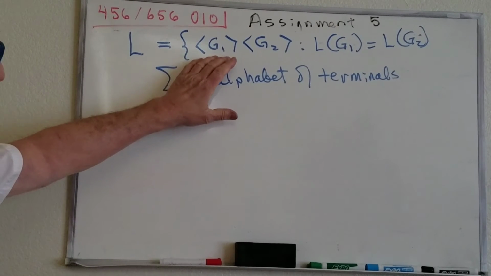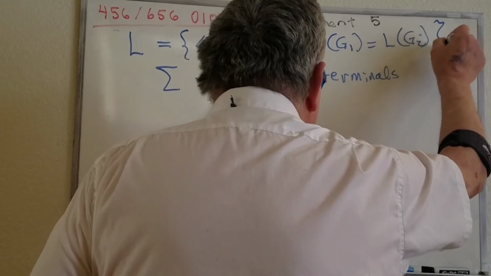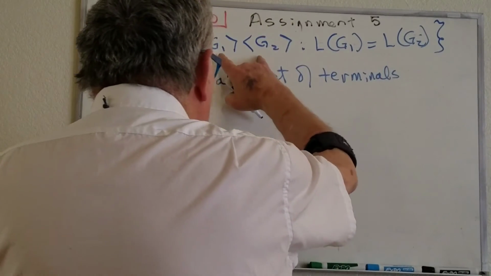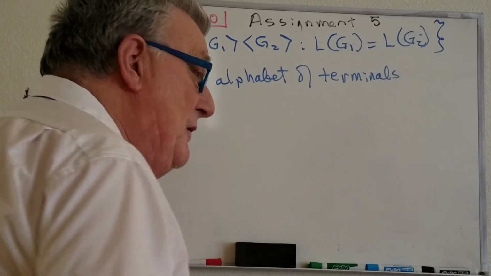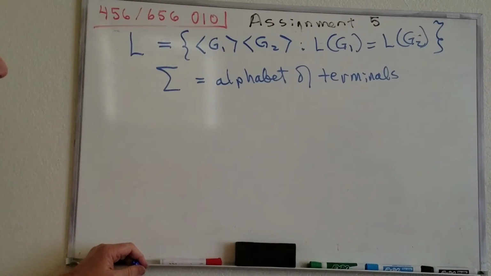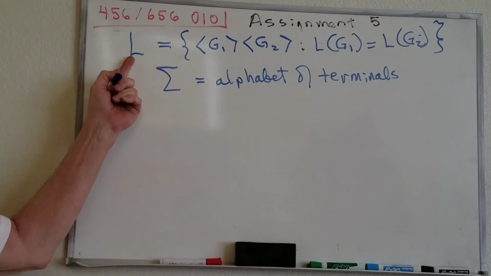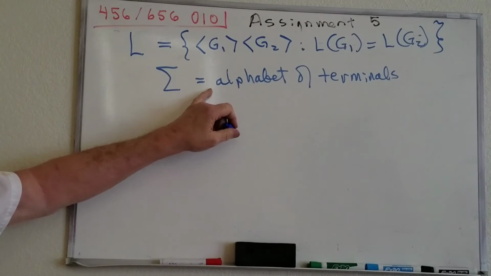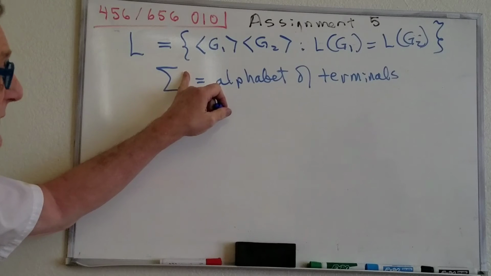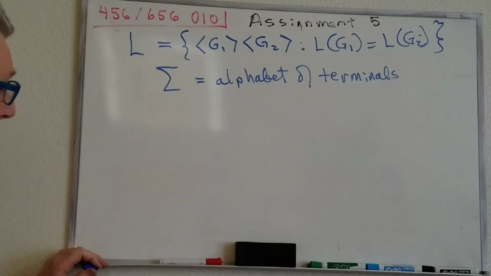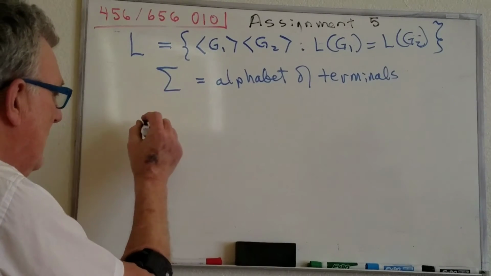Now we're going to find a proof of what? Given two context-free grammars, we're going to define L to be the set of all pairs so that the languages generated by the two grammars are the same. Now we want to prove that if a string is not a member of L, we can prove it. We'll start by saying, without loss of generality, they are both over the same alphabet. And then we can visit sigma star in canonical order.